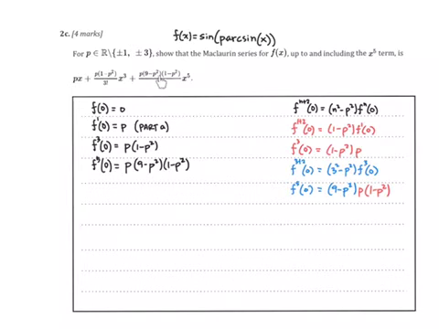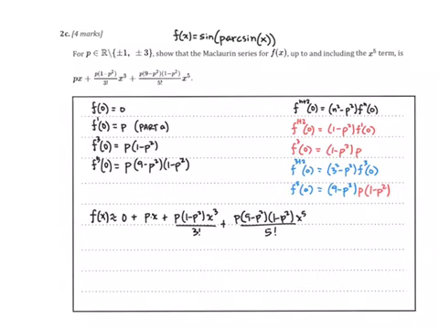Again, notice that it shows up here, so we can build the polynomial f of x approximately equal to, I could throw f of 0 in there, plus f prime at 0 times x plus f triple prime at 0 times x cubed over 3 factorial, by definition the Maclaurin series, plus p times 9 minus p squared times 1 minus p squared, x to the fifth over 5 factorial.